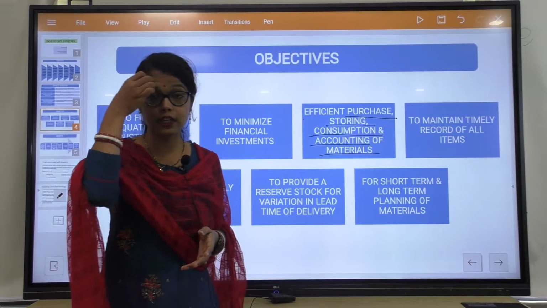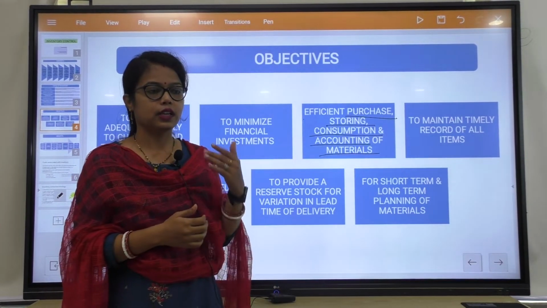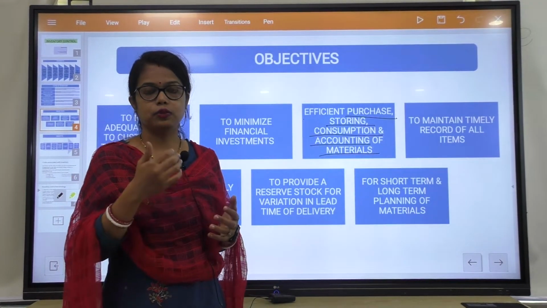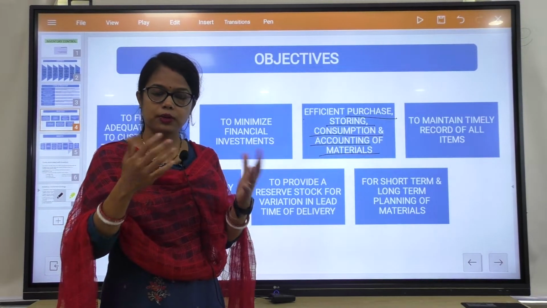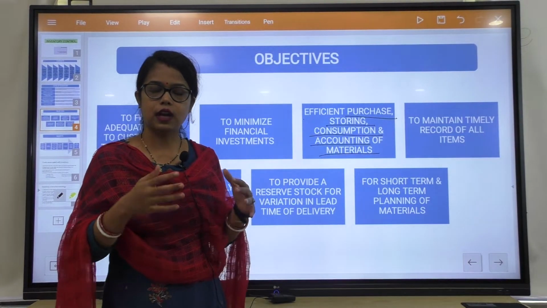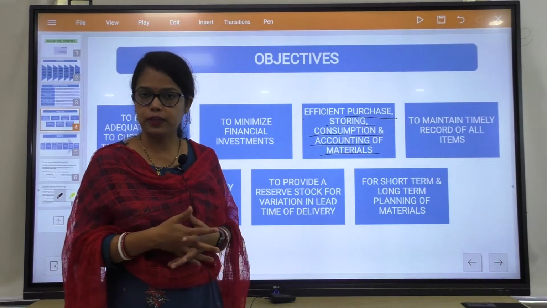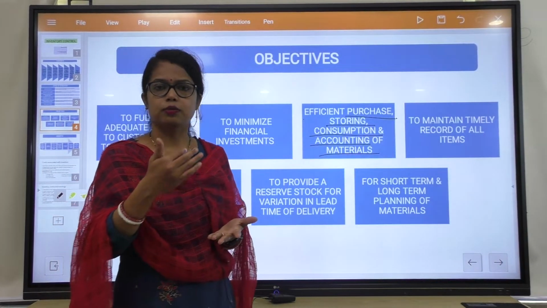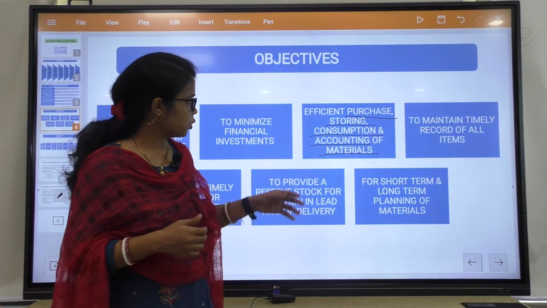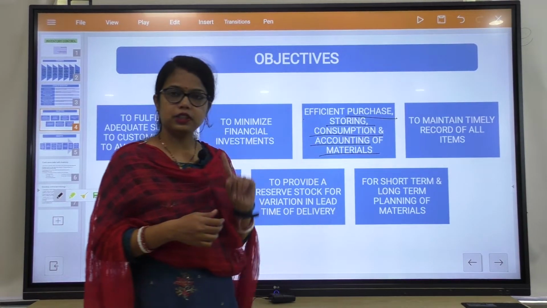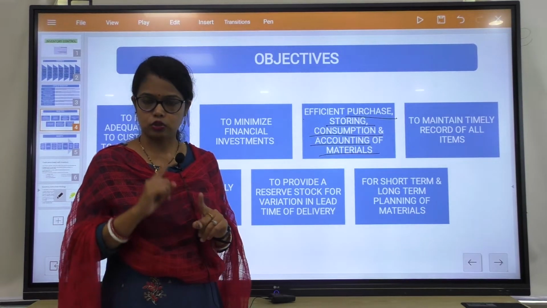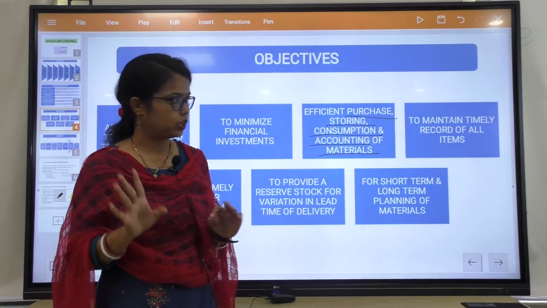If accounting of material is properly done, then the company can estimate in how many days and at how much cost all the products will be carried out, the operations will be carried out, and the company will gain this much profit. That is most important, clear. So, the objective should be efficient purchase, storing, consumption and accounting, clear.